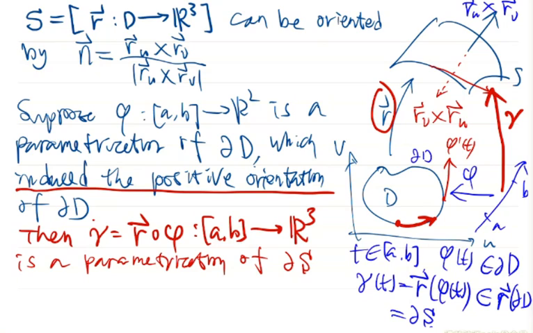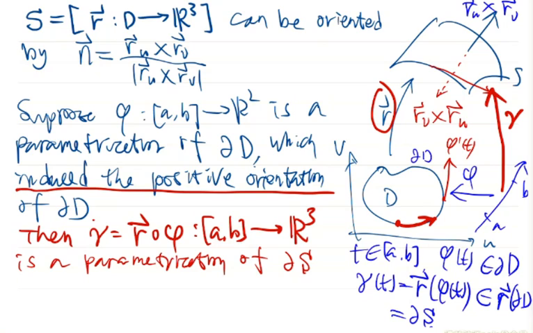Okay. So the orientation induced by this map, that is the tangent vector: given a curve, given a patch, the orientation is determined by the tangent vector, or by the increase of t. When t increases, the direction in which the point gamma(t) moves, that is the tangent vector, gives you an orientation of the curve.